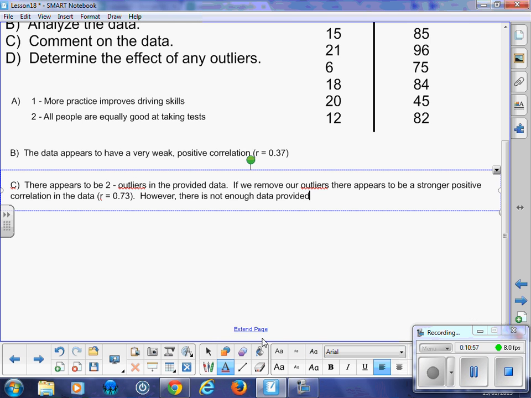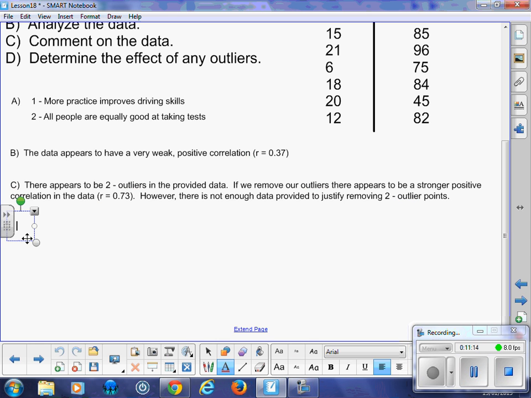I'm just going to extend this page up a little bit. Provided to justify removing 2 outlying points or outlier points. Okay, if you come back to this example, I just want to make note that really, if you only have 7 or 8, removing 2 outliers is pretty significant.